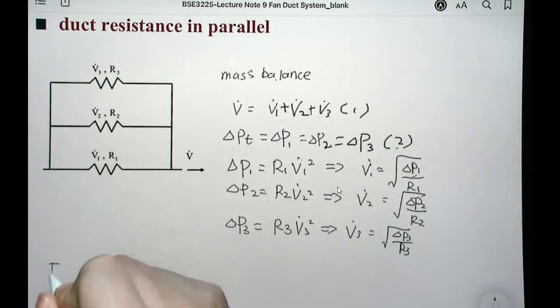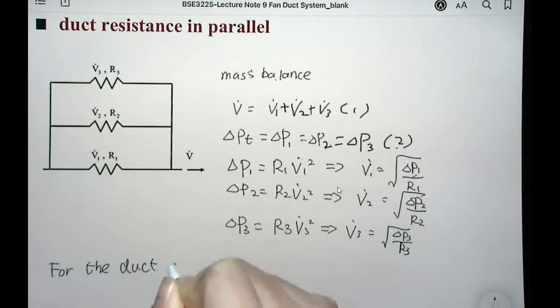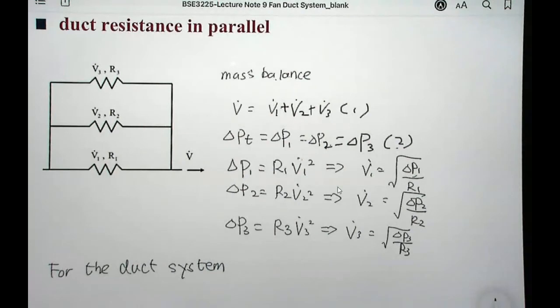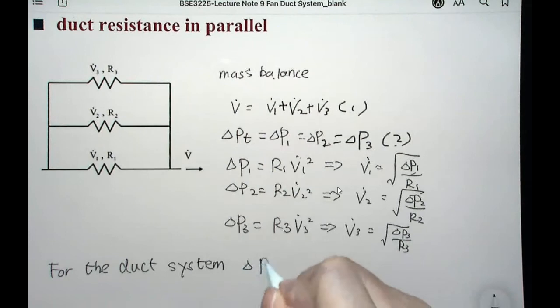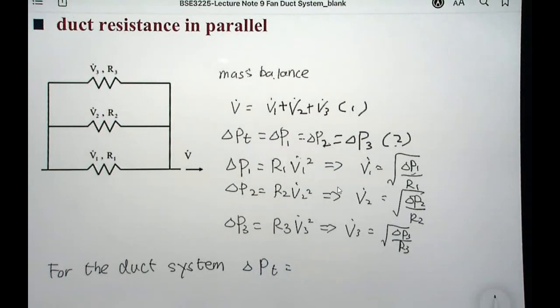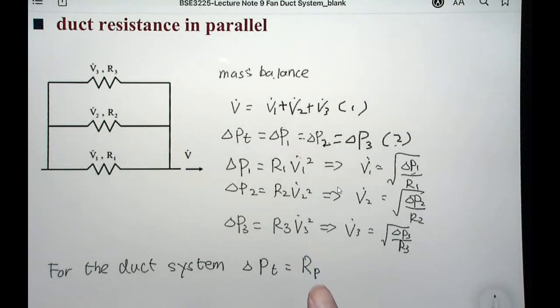So for the duct system, delta P total equals the resistance of the system.